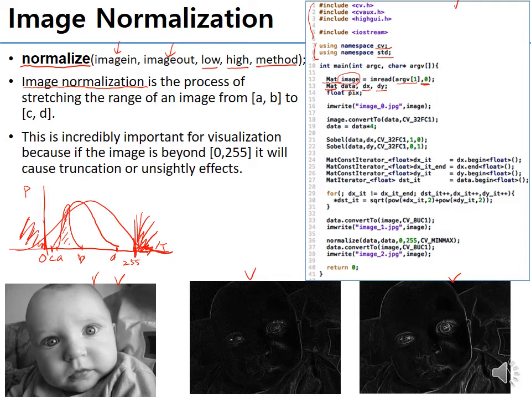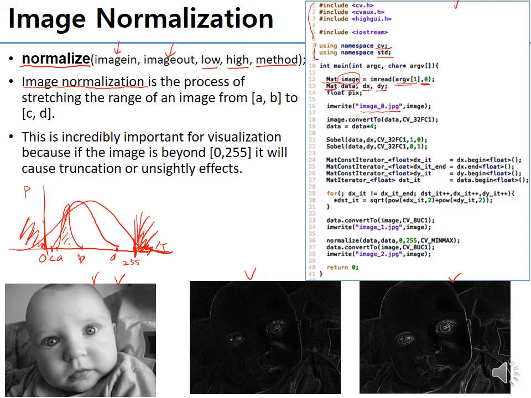When this code reads the input image, it writes image 0.jpg and copies the image, and the image is converted to data as CV_32FC1.